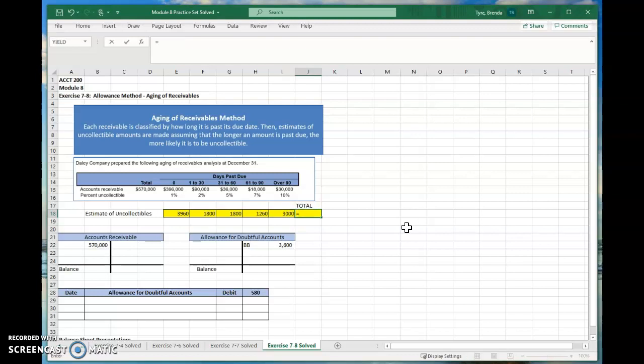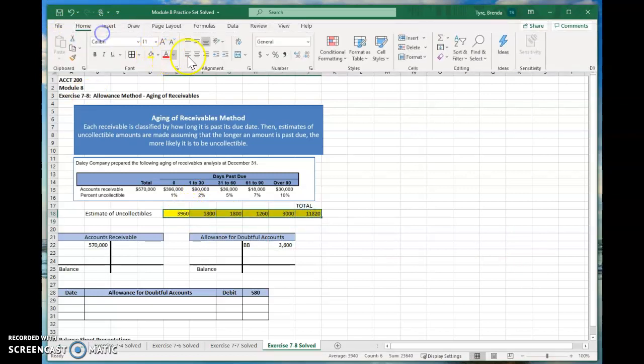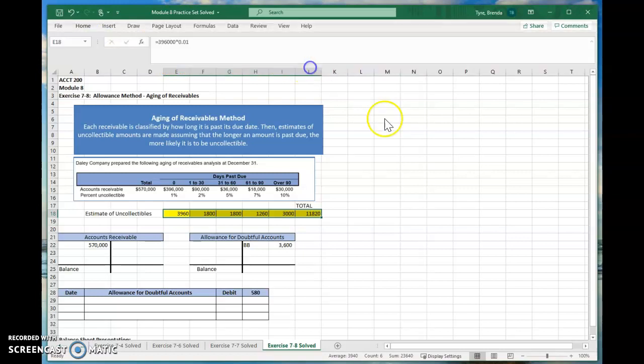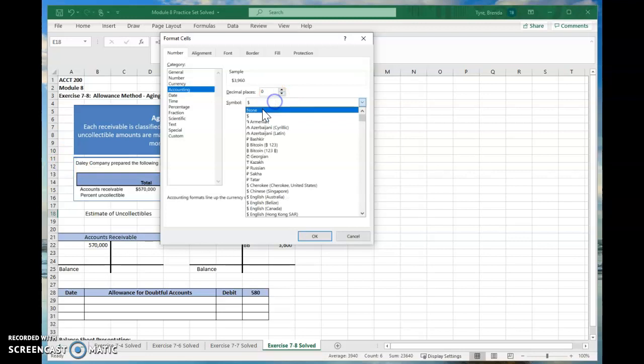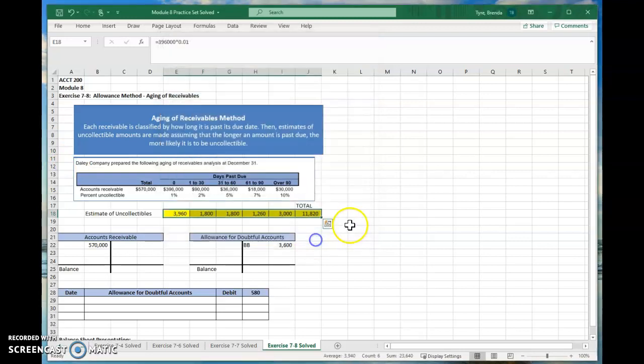And then we sum all of those. And we come up with an estimate of $11,820. So is this the amount that I should record?